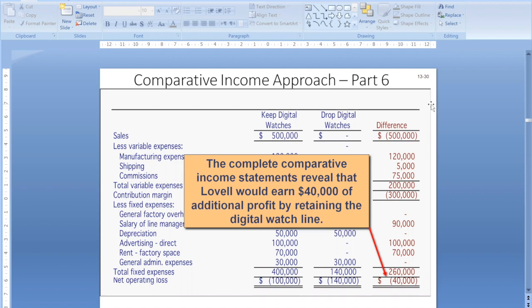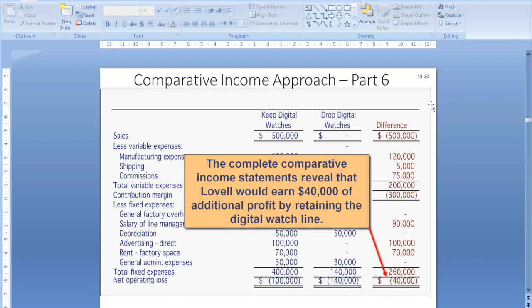Now the net operating loss will be a 100,000 loss for the first column, but, and this is important, we will have a loss of $140,000 for the second column. Look, we are losing more if we drop the digital line.